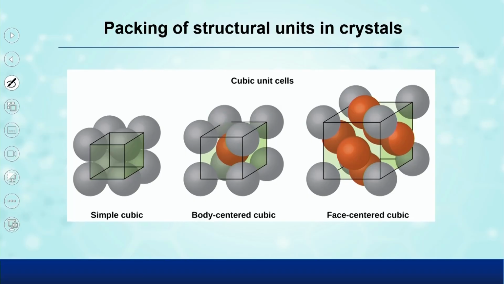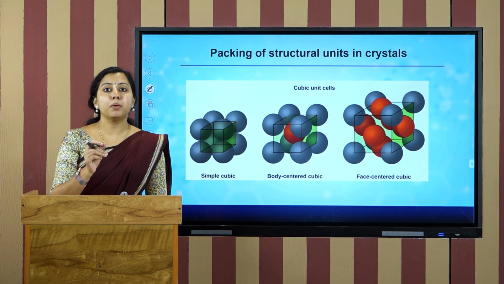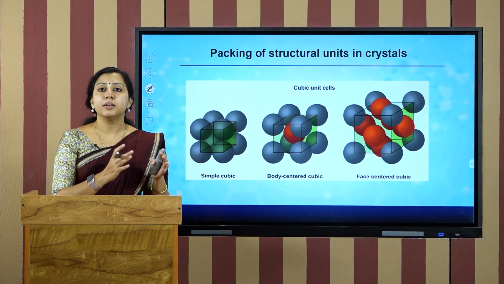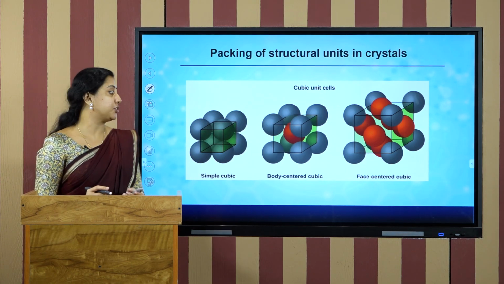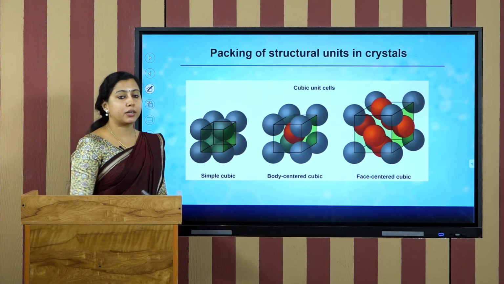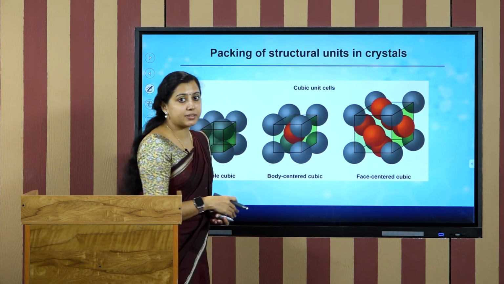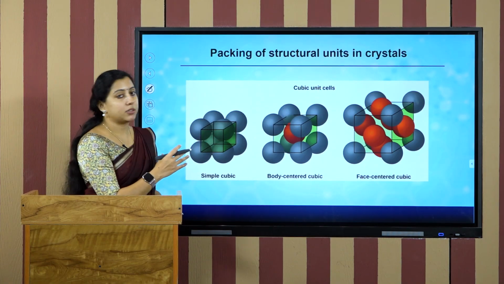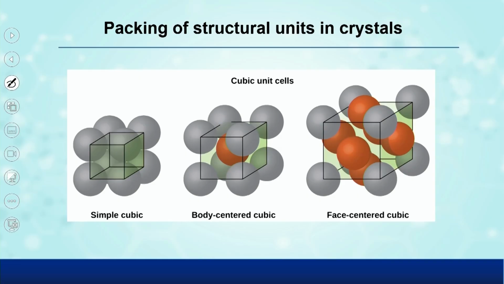The spheres or the structural units are very closely packed in any of the crystalline lattices in such a way that there is minimum empty space in between these structural units. As you can see here, whether it is a simple cubic or a body centered or a face centered, the atoms, ions or molecules which constitute the structural units are very closely packed so that the empty space in between them is minimized.